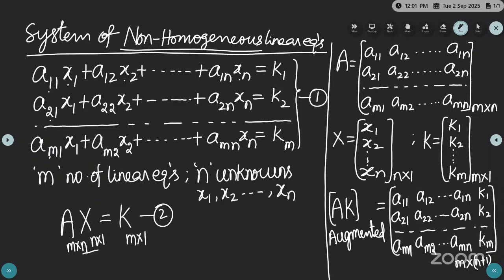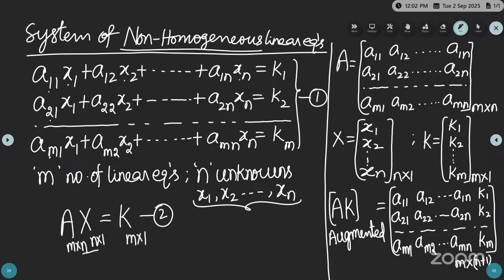Now, in order to find the solutions of this system of equations, we have to find the rank of the coefficient matrix and the rank of the augmented matrix. And you know better about the number of unknown variables. Okay?